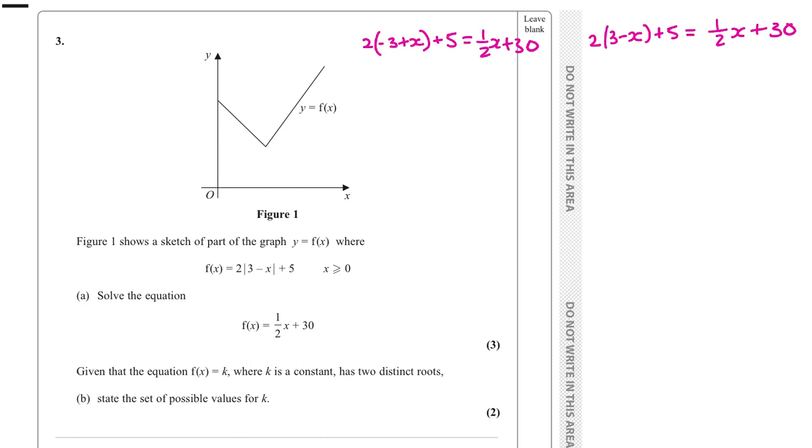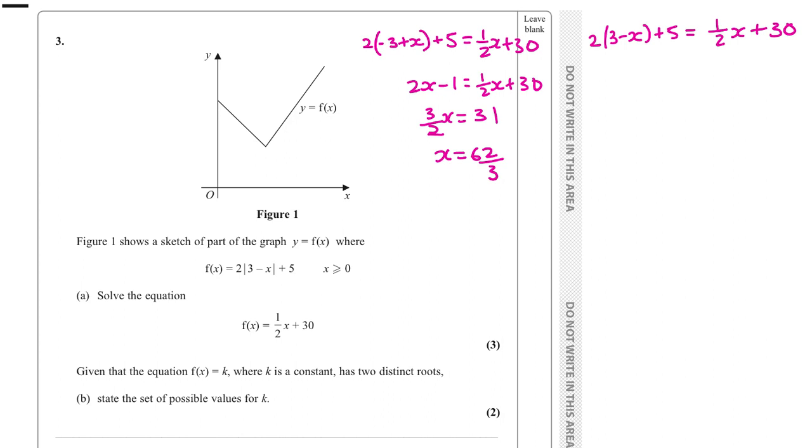Okay, so then I'm going to solve this. I'm going to get minus 6 plus 2x plus 5, so that's 2x minus 1 equals a half x plus 30. And then I'm going to have 3 over 2 x equals 31, 62. So x equals 62 divided by 3.